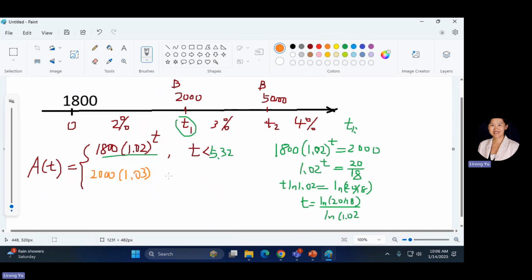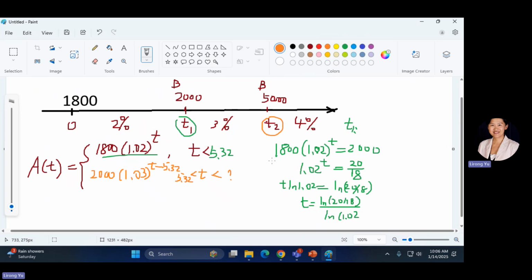So the time past that point is T minus 5.32. This is when T is bigger than 5.32 but less than whatever that time is. We're going to find out this time.